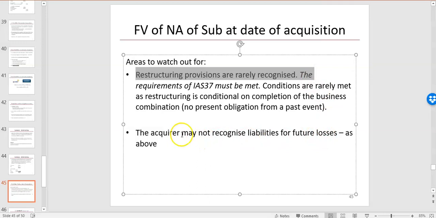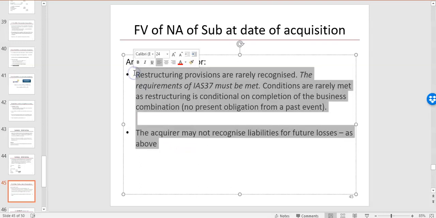Similarly here, if you acquire a subsidiary and you expect that subsidiary to be loss-making into the future, you're not allowed to recognize liabilities for future losses because again, it doesn't meet the criteria in IAS 37, which you would have covered back in your undergraduate studies. So they are not exceptions to the recognition criteria. In IAS 37, the only exception is to do with contingent liabilities.